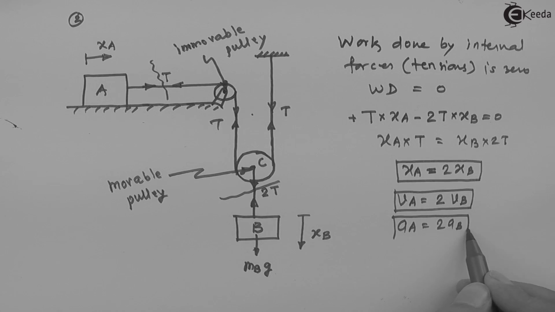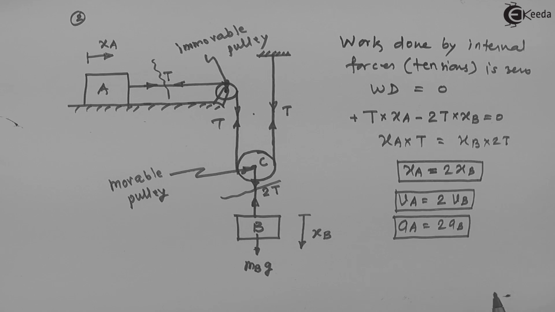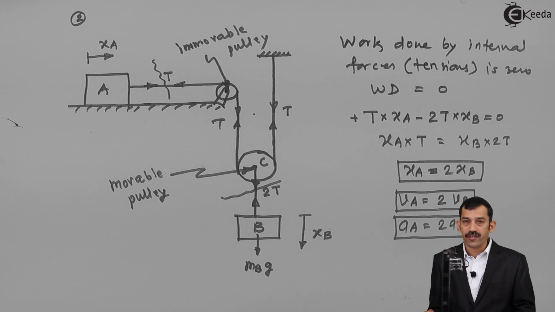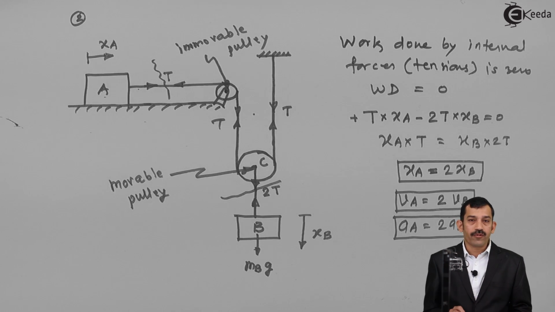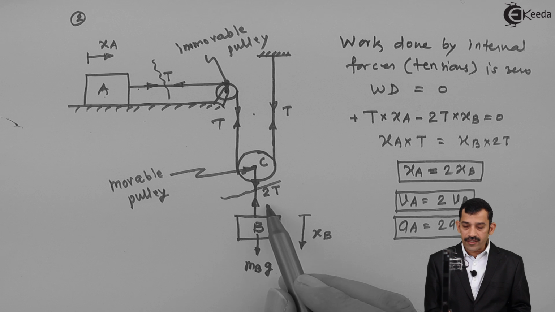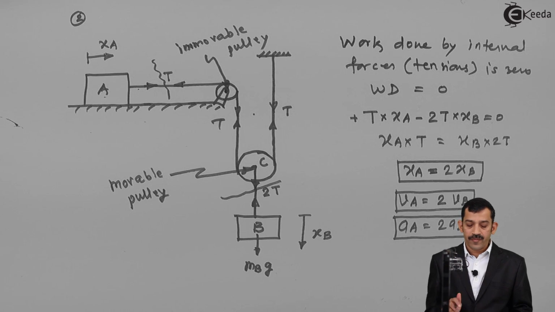Now, just by observing a system of connected bodies, how will we identify this relation? Simple. See how many tensions are acting on block A, how many tensions are acting on block B. On block A, the tension acting is only 1. Therefore, 1 into XA or 1 into VA or 1 into AA equal to, on block B, 2 times tension are acting.